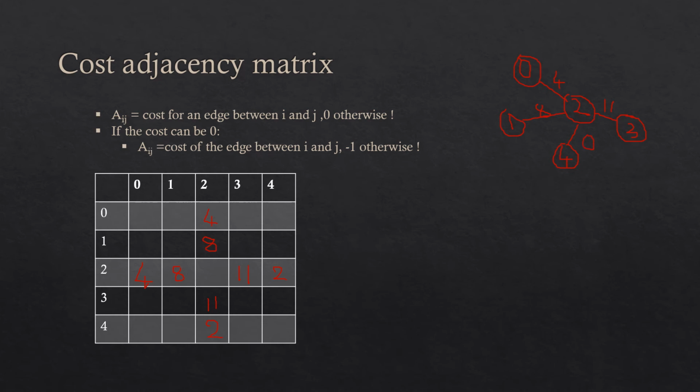So in this case, we won't be plotting zeros in other cases where the edges are not connected. In those cases, we will be keeping -1. If there is no such case as 0, then we will plot 0 in other cases. That is how the adjacency matrix works.